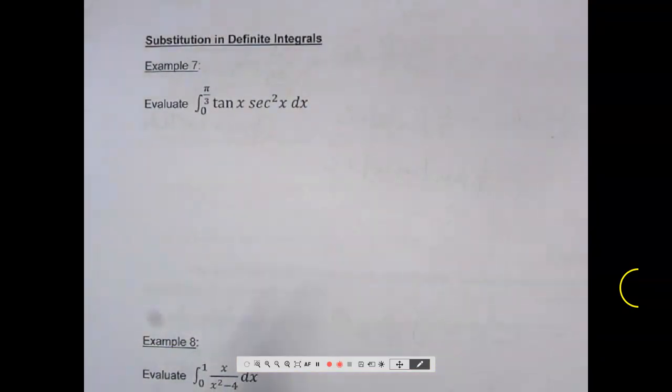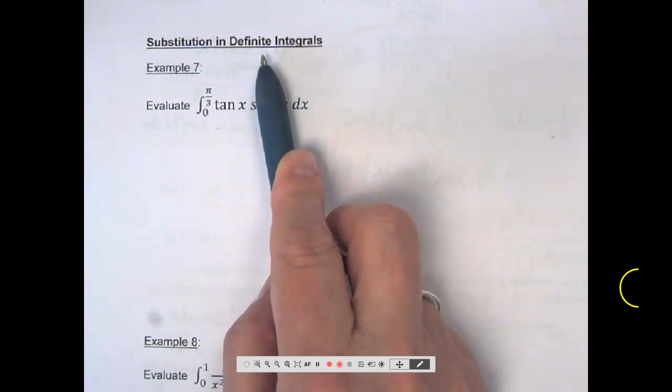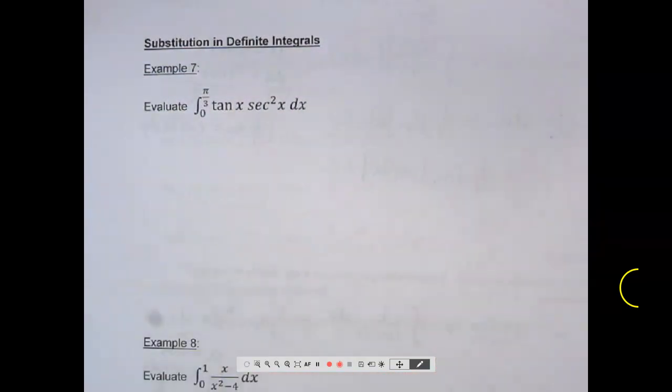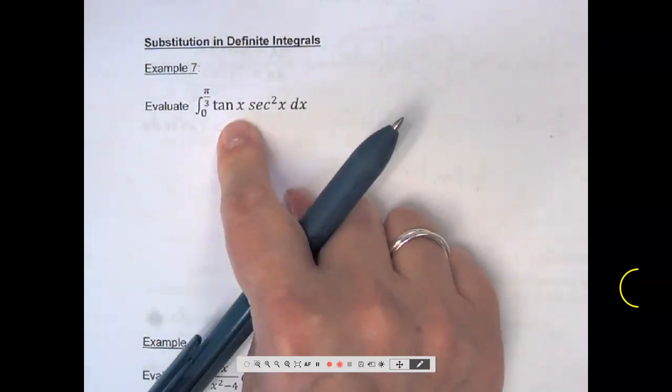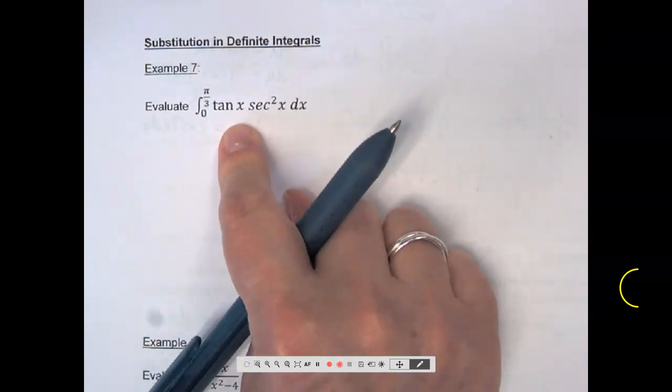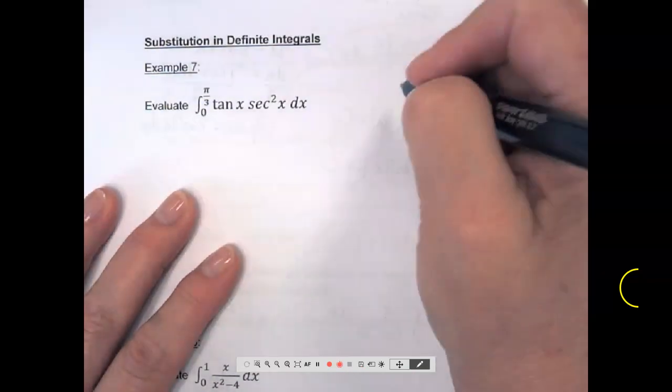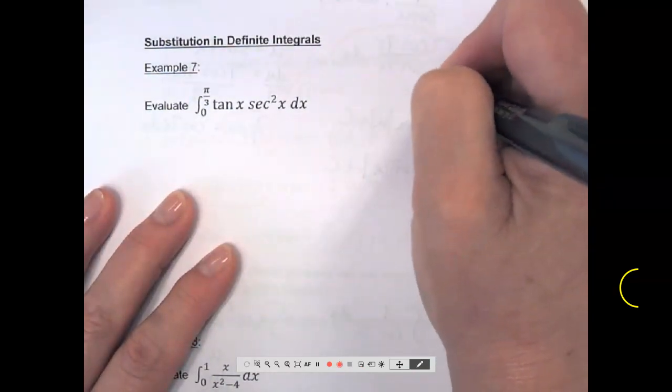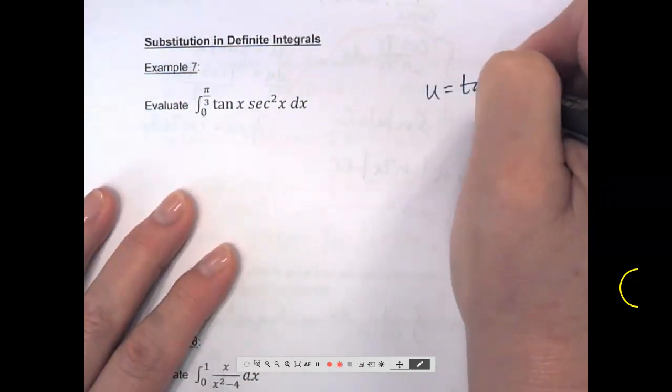Okay, now these are definite integrals. So notice we have some numbers that we're going to be subbing in. Same thing though, as far as antiderivative: is something there because it's a derivative of something else? Secant squared is the derivative of tangent, isn't it? So what if u is just tangent x?